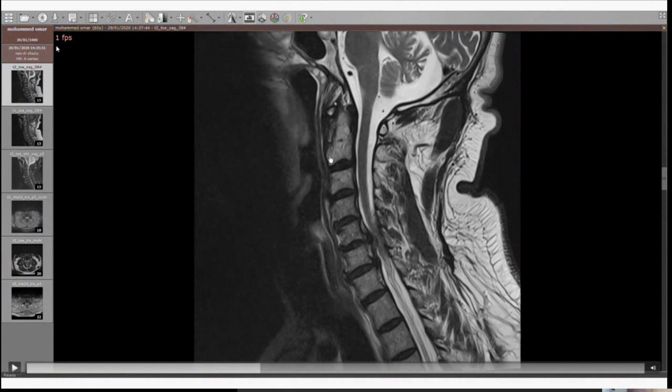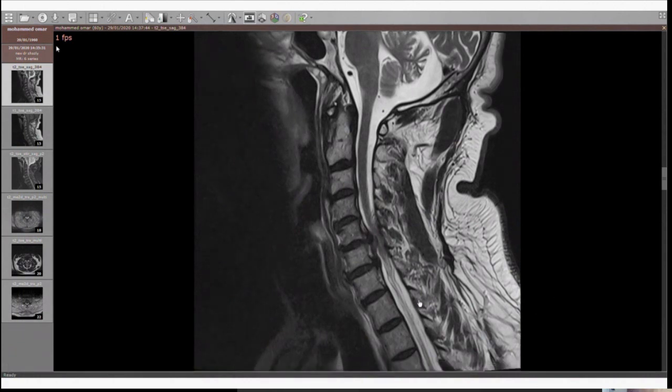If you look at his cervical MRI scan, these are sagittal views. You can see the spinal cord here surrounded by CSF, and when you reach the level of C5, 6, you can see that there is a disc prolapse here, and it is causing compression of the spinal cord.